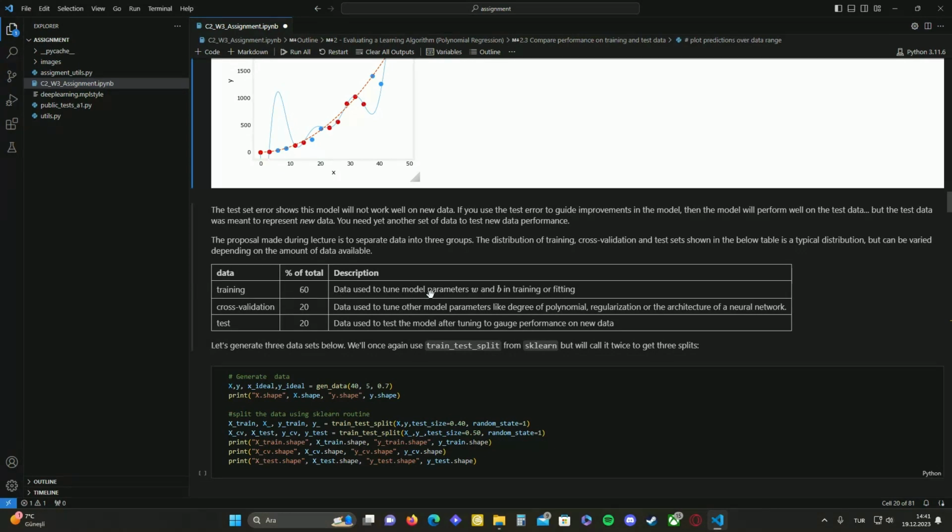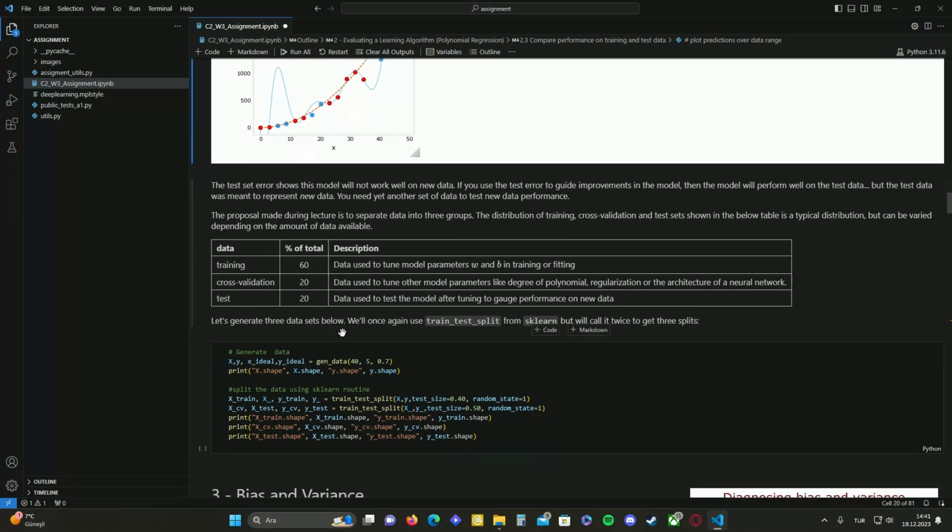Training data is used to tune model parameters w and b in training or fitting. Cross-validation data is used to tune other parameters like degree of polynomial, regularization, or architecture of a neural network. Test data is used to test the model after tuning to gauge performance on new data.